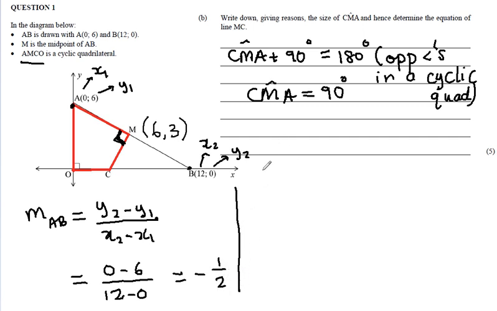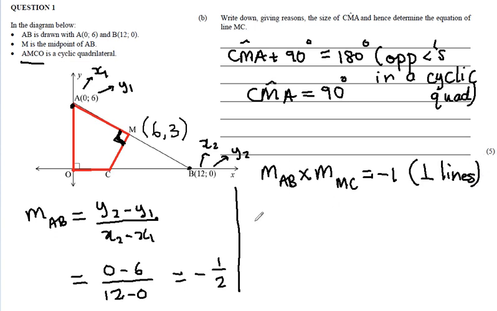We can now say that the gradient of AB multiplied by the gradient of MC is equal to -1, and the reason will be perpendicular lines. So the gradient of AB is -1/2 multiplied by the gradient of MC, which I can now calculate, will give me -1.